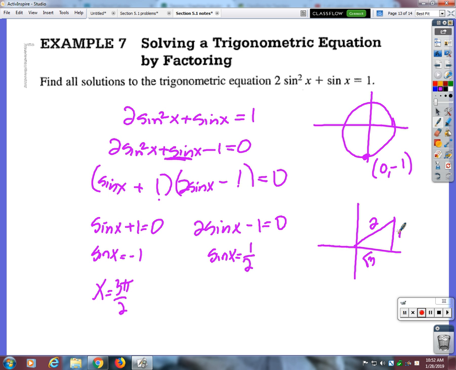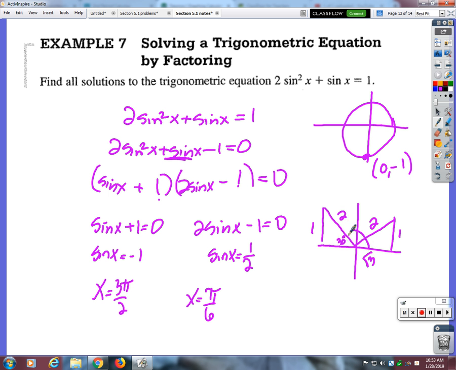So what angle is that? It's a 30-degree angle, but we're always in pi. So a 30-degree angle is the same as pi over 6. Because 180 divided by 30 is 6. Okay? And 60 is pi over 3. And then there's another one over here where this is 1 and this is 2.